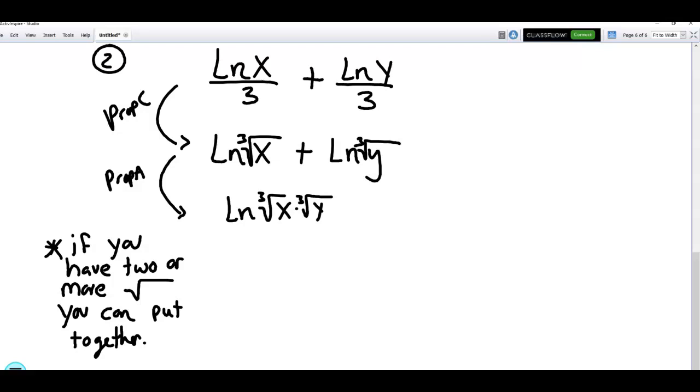And this is just a property of radicals. This is just how they work. So I've got 2 roots. They're the same kind. They're both a third root. So what we can do is we could put those together, put both letters under one common root like that. So that's what it'll look like.